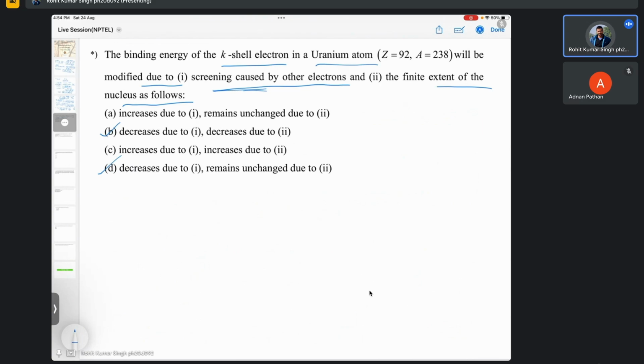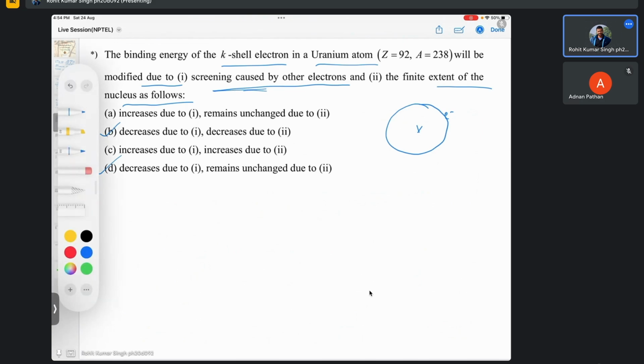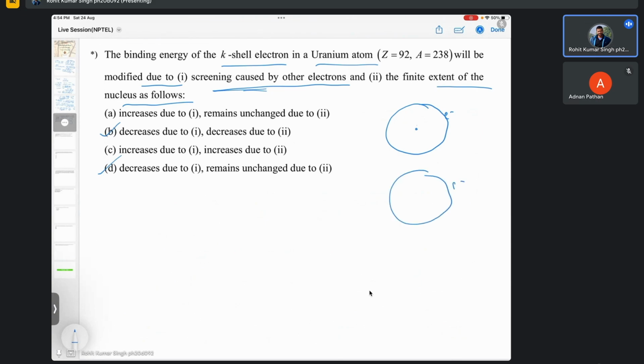Suppose this is the K shell electron, and if the nucleus were just a point-like thing, versus if the nucleus had some dimension, there will be some effects, right?